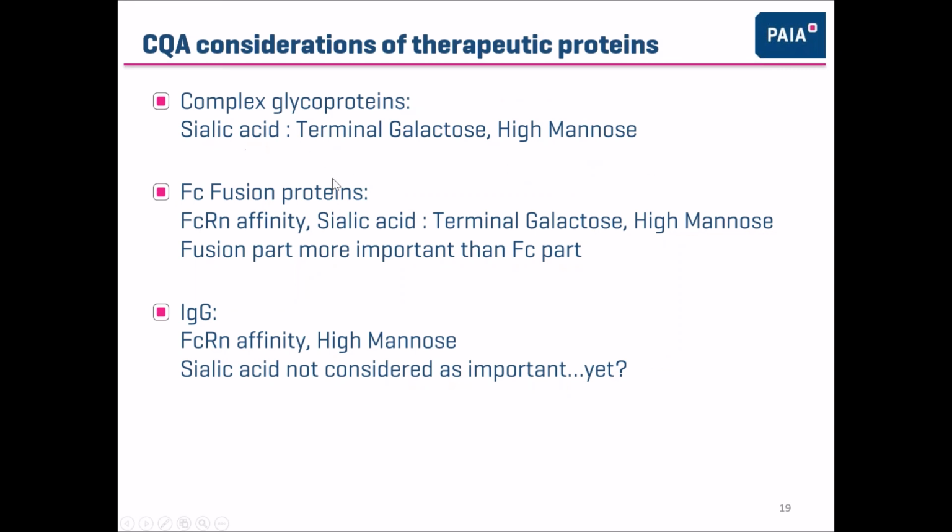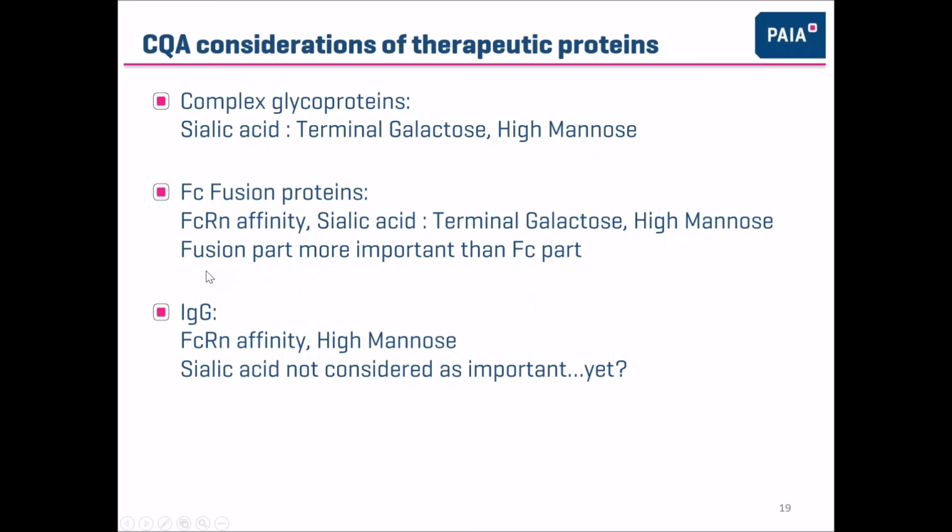So the main focus should be on this here. For the Fc proteins, obviously we're adding the affinity towards the neonatal receptor, which is very important. And then again, the ratio of the sialic acid and the terminal galactose is important. Again, high-mannose may have an impact, but it's considered not to be that important.